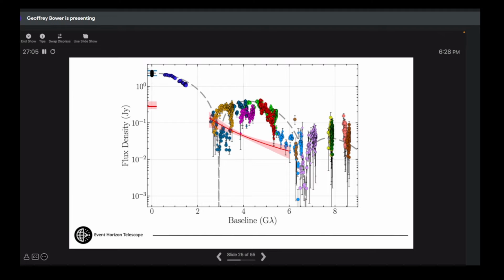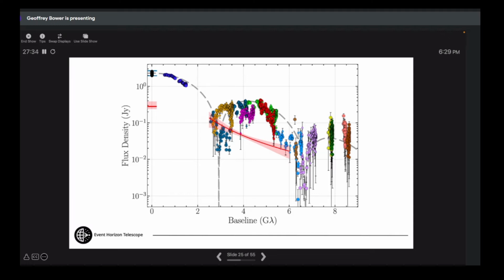You can also see that the data is somewhat imperfect in that it doesn't perfectly follow this Bessel function curve, and in particular, some baselines here, for instance, do not go all the way down into the null, and there are other discrepancies or uncertainties.